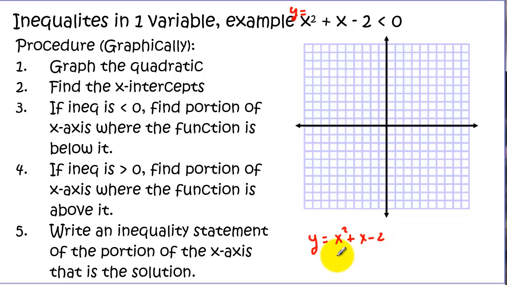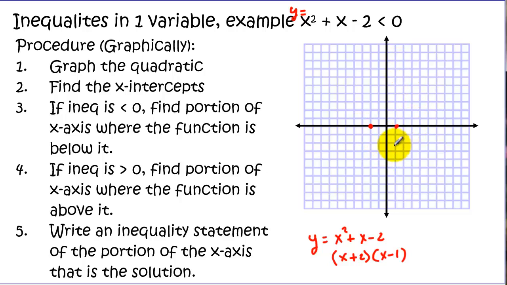So I rewrote that. It factors into (x + 2)(x - 1). On my number line, if I take the opposite of this, negative 2 is an x-intercept, and here at 1 is an x-intercept. My vertex is going to be at the midpoint, at negative 1/2. And since a is positive, I know it opens up.